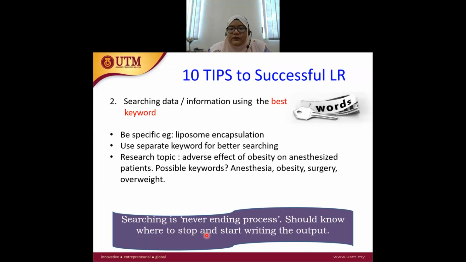You should know where to stop and start writing the output. Because if we are searching and downloading all the journal articles but never read them, we get nowhere. So we must know where to stop, start writing the output and start the experiment.